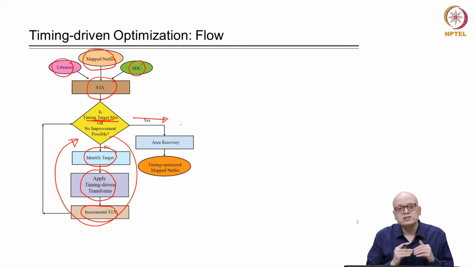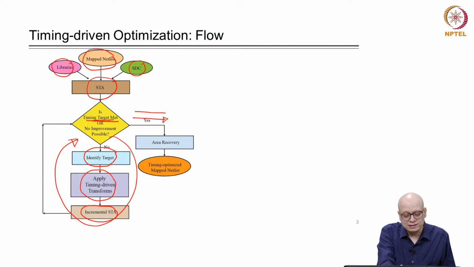Maybe we have put some limit on how many trials of transformation we want to apply during timing driven optimization, or some criteria to check whether improvement is possible in our design or not. If that condition is met, meaning that no further or no significant improvement of timing is expected by doing this kind of transformation, then again this loop is exited.